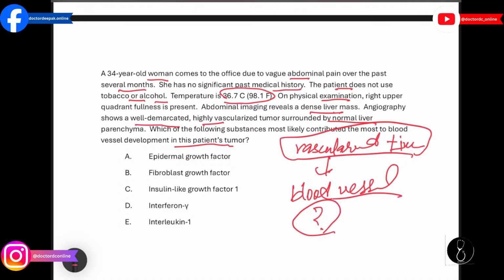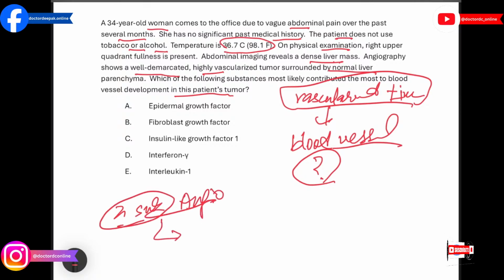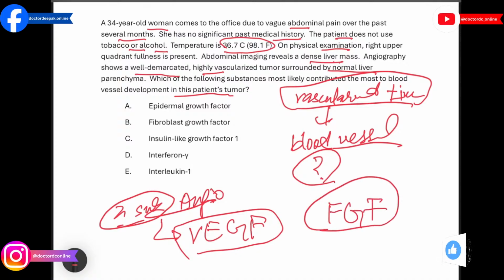And you know the formation of blood vessels is called angiogenesis, and it is driven predominantly by two substances, guys. The first is vascular endothelial growth factor. It stimulates angiogenesis in reactive tissues, whether the tissue is normal, chronically inflamed, healing, or neoplastic. And the second is FGF, which stands for fibroblast growth factor.